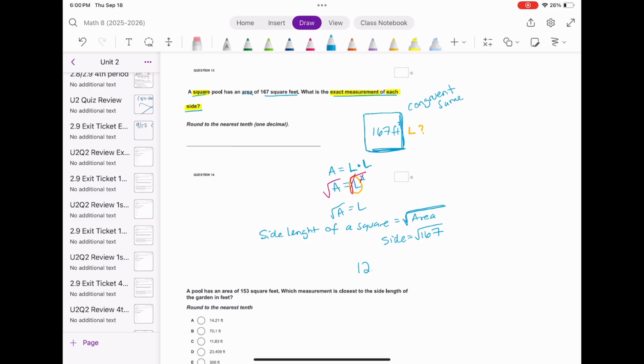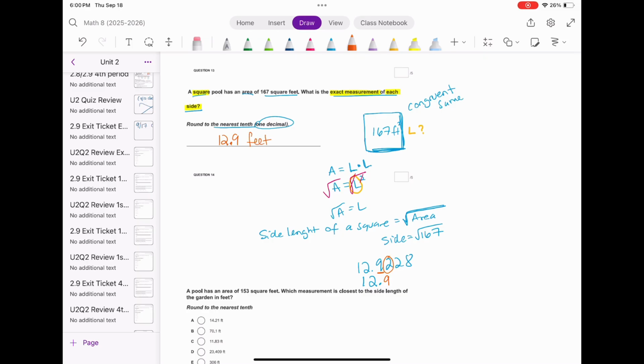It says to round to the nearest tenth. That's one decimal. So 12.9 or is it going to move up to 13? The number next to the 9 is less than 5, so that's going to stay at 9. And my answer is 12.9.